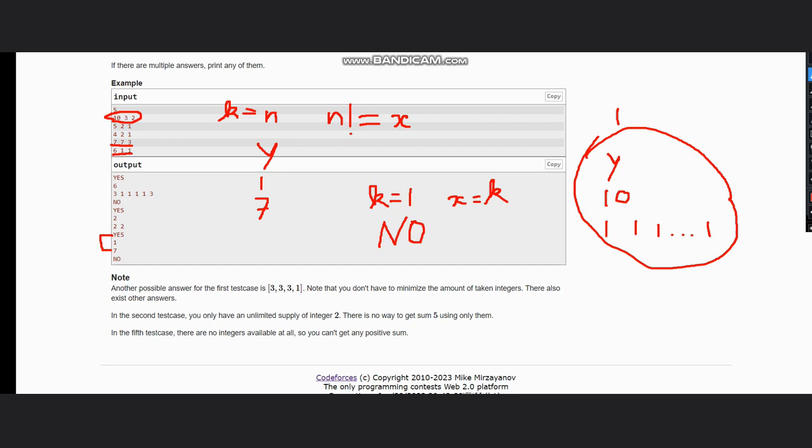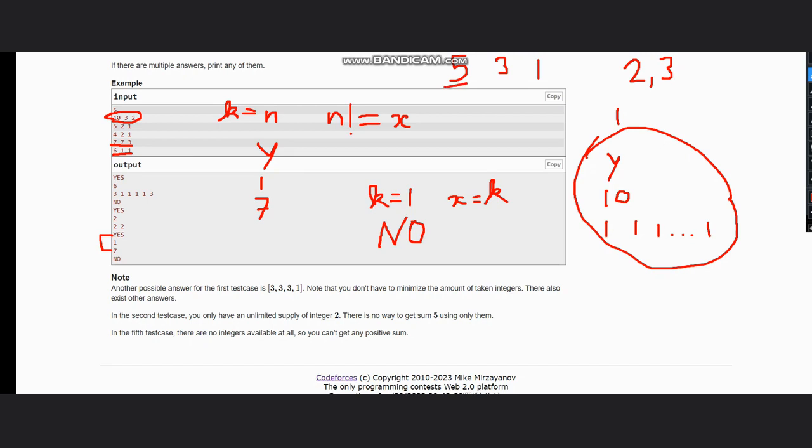Now let's look at a test case where we don't have x equal to 1 and none of these conditions are satisfied. Then what can we do? Suppose we take a test case of 5 3 1. Now we are left with 2 and 3 here, and we want to make a sum of 5. First we will calculate how many 2s we want.